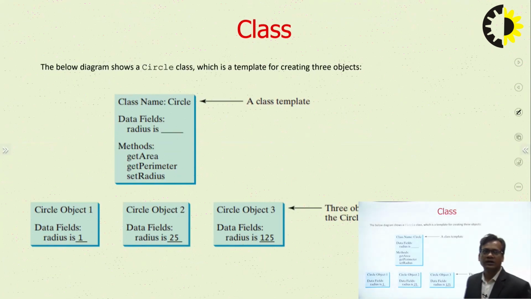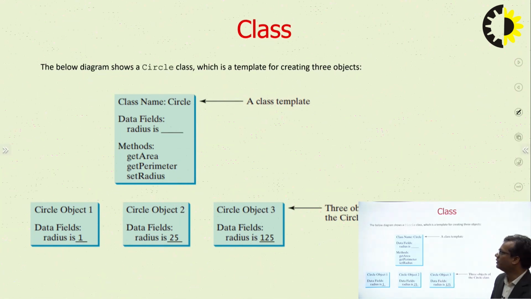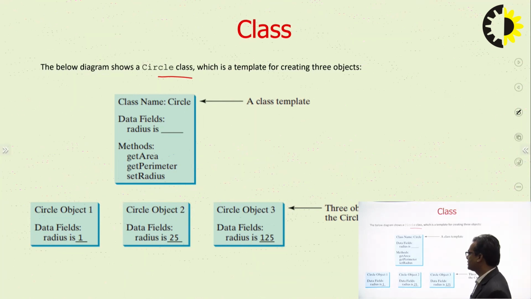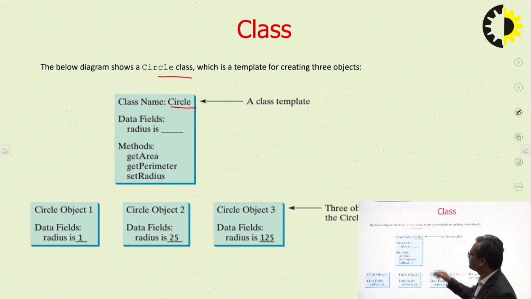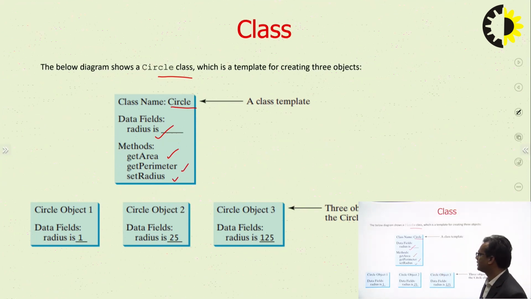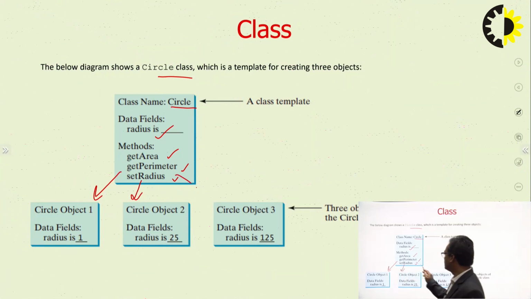So how does a class look in object oriented programming? The diagram of the circle class shows a template for creating three objects. First, the class name is circle, the data field is radius, and the methods are area, perimeter and radius. We have created three objects from this class: object 1, object 2, object 3.